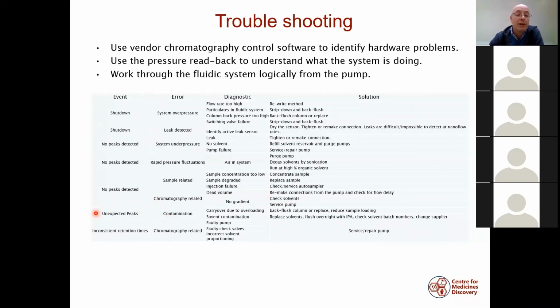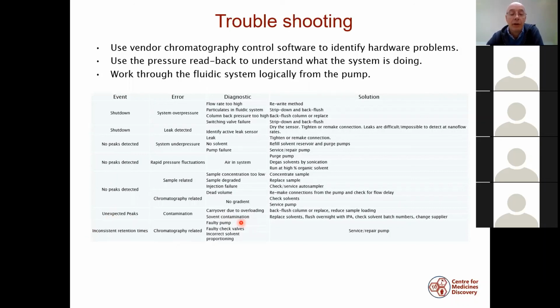You can get unexpected peaks. This could be from contamination. You could have carryover due to sample overloading. Possibly have solvent contamination. This can be a big problem. Or you could have a faulty pump. If you have inconsistent retention times, this is usually chromatography related.